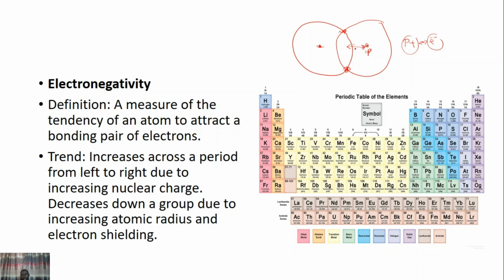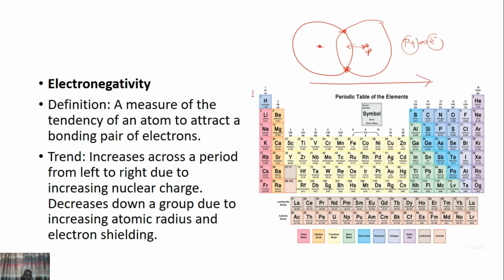Therefore, the electronegativity increases. Electronegativity is a tendency to pull electrons towards themselves. Okay? And because the positive charge increases in the nucleus, they tend to pull it more towards themselves. That is when you are moving across the period.